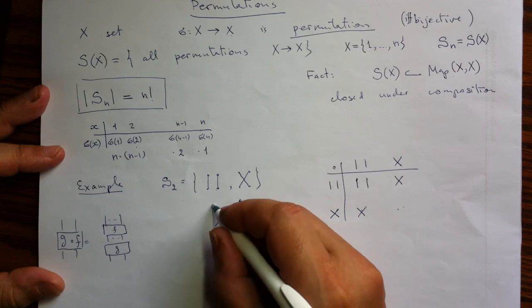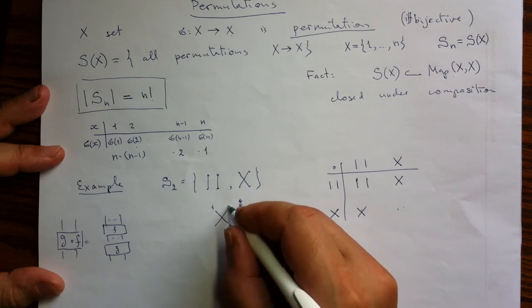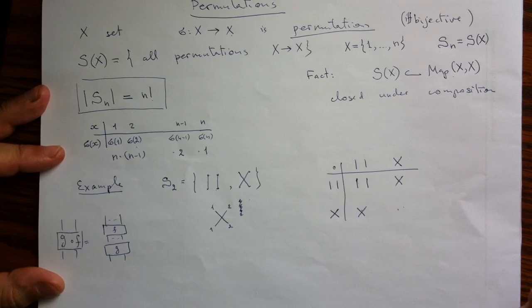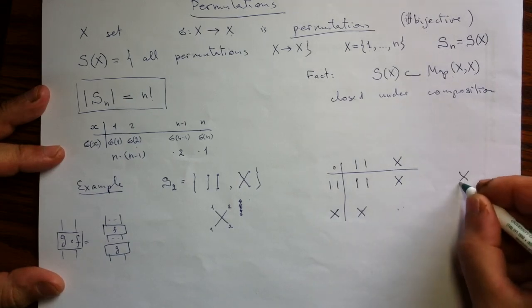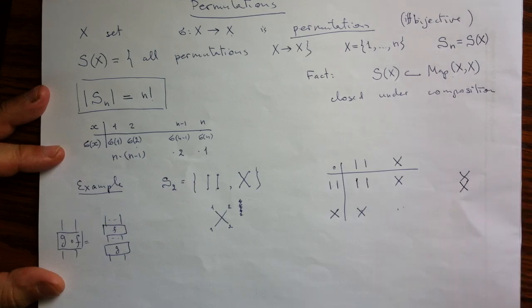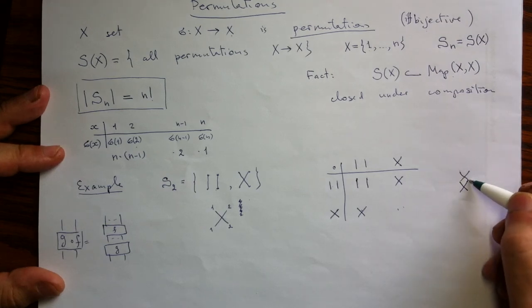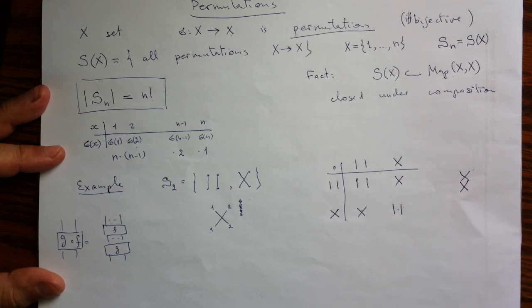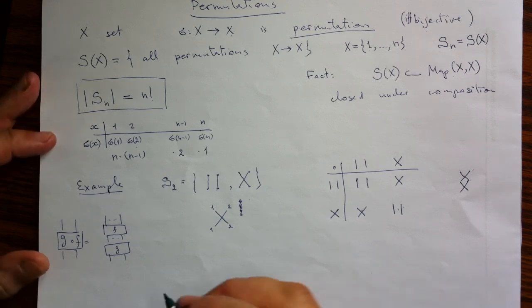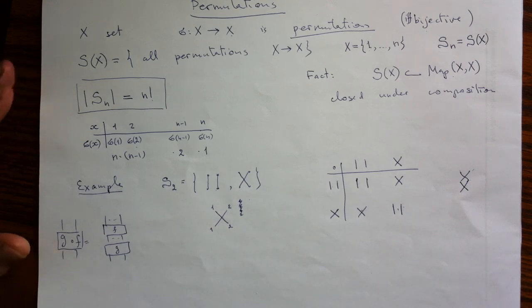I would better just use the picture. 1 goes into 2 and 2 goes into 1. So that composed with itself is identity, because 1 goes first into 2 but then is brought back into 1, and so is 2. So the answer here is the identity, and we have this composition or Cayley's table of the symmetric group on 2 elements.